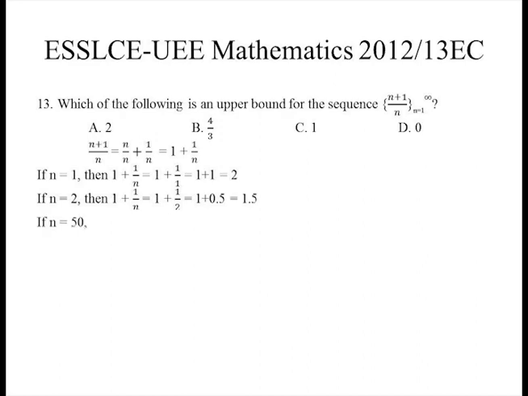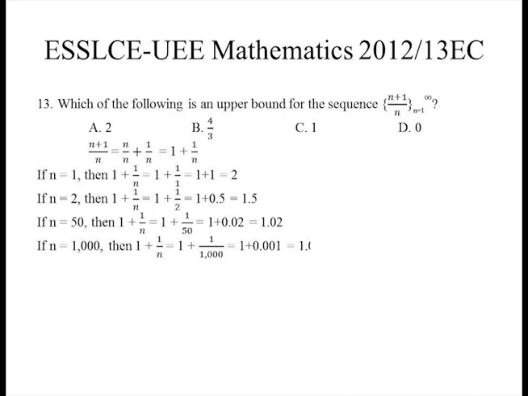If n is equal to 50, then 1 plus 1 over 50, and 1 over 50 means 0.02, so 1 plus 0.02 is equal to 1.02. If n is equal to 1000, then 1 plus 1 over 1000, and 1 over 1000 means 0.001, so 1 plus 0.001 is equal to 1.001. 1 is there in all terms of the sequence. 2 is the greatest term of the sequence.